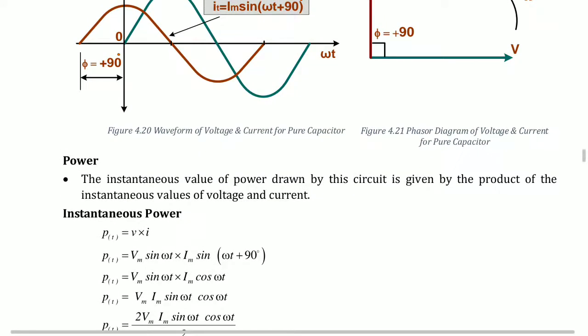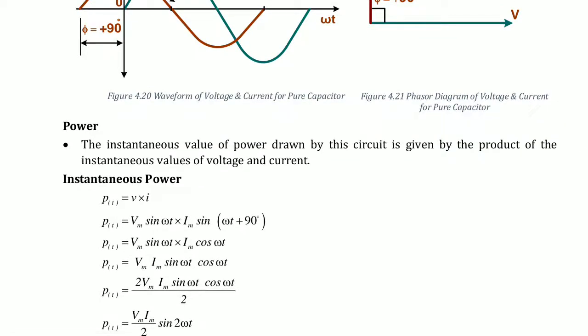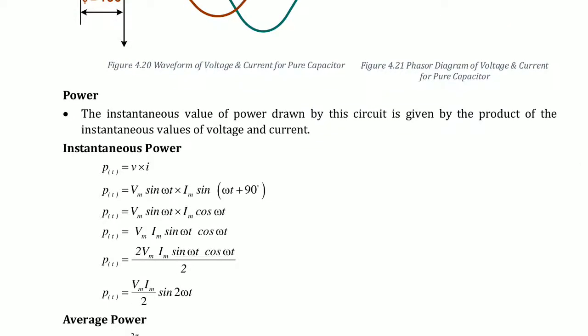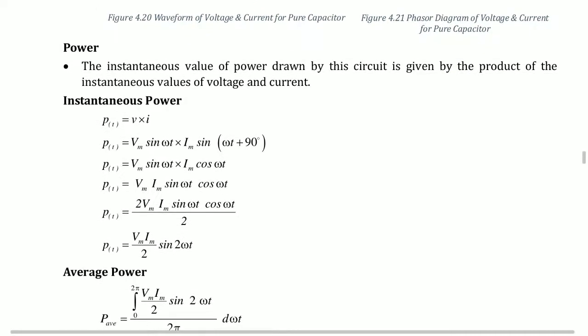So in a pure capacitor, instantaneous voltage is Vm sin omega t and instantaneous current is Im sin omega t plus 90. So Vm sin omega t into Im cos omega t. Here, multiply and divide by 2: Vm Im sin omega t cos omega t by 2. So we get power is Vm Im by 2 sin 2 omega t.